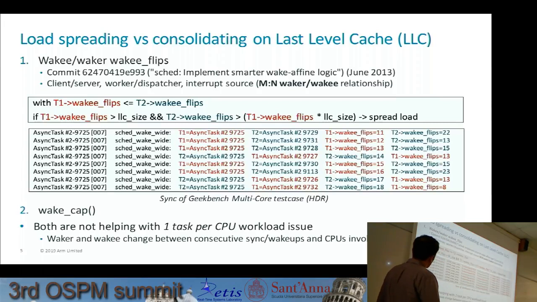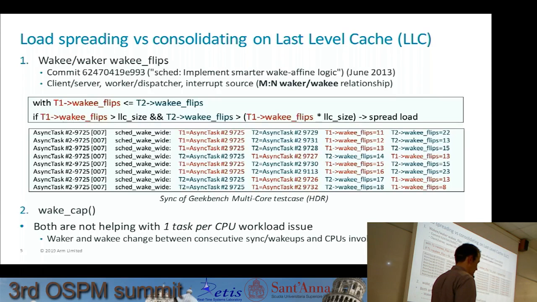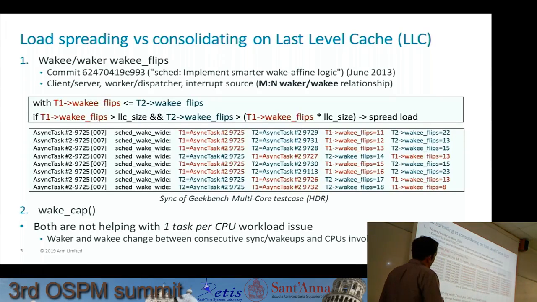The code makes sure that we know which task has the smaller wakey flips field, and if this smaller wakey flips field is at least bigger than the LLC size, which is the number of CPUs on the last level cache, so it's 4 on a smartphone we have right now in a 4x4 big.LITTLE system, and the bigger value of the wakey flips is bigger than the wakey flips multiplied by the LLC size, then we would spread the load.